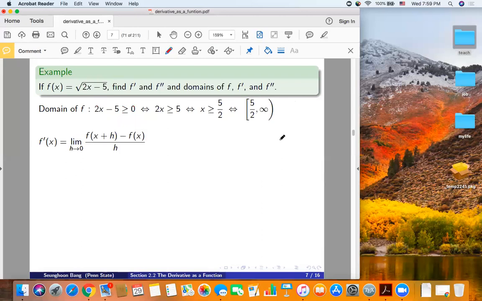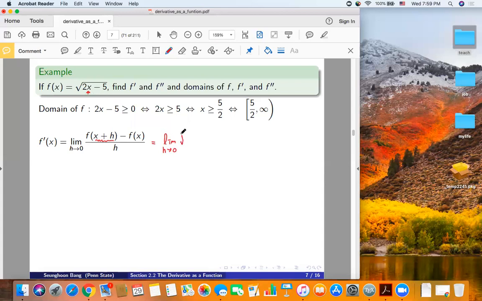The limit of f of x plus h minus f of x over h as h approaches 0. So what's that? This equals the limit as h approaches 0. You plug x plus h into here, only x.